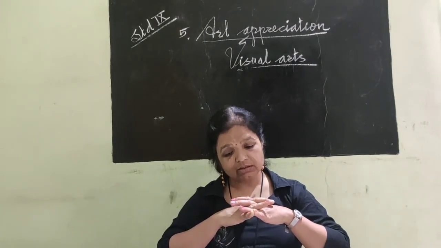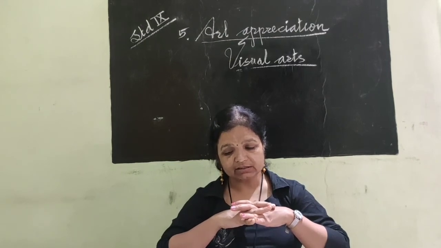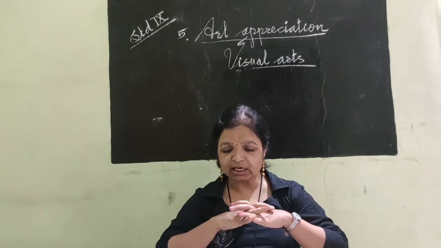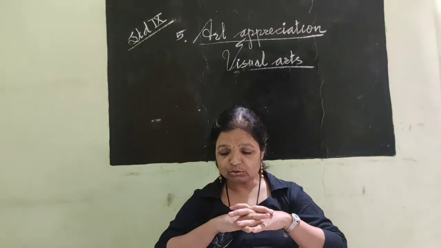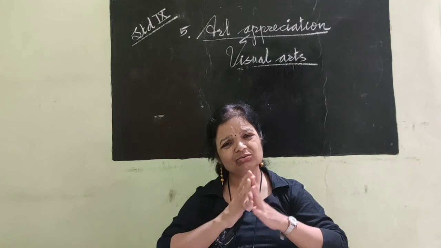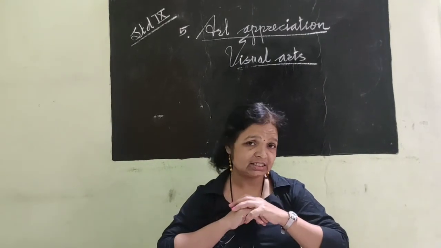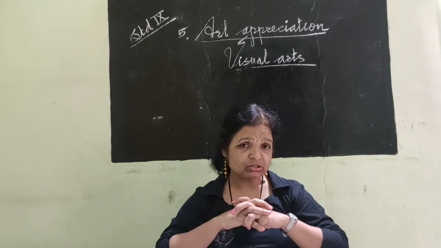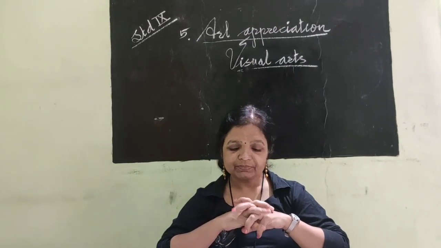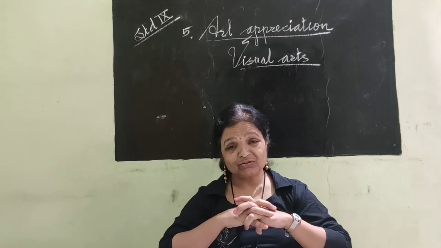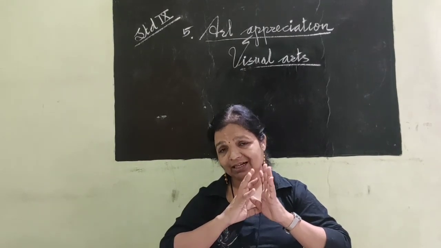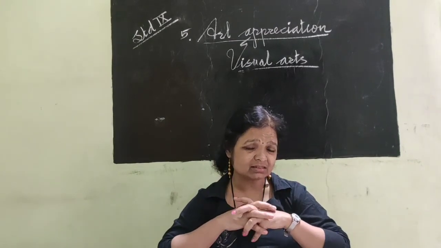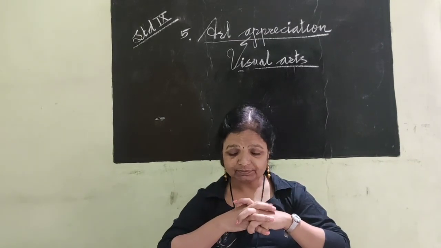Choose any one of the above mentioned artists, any one only, and try to see as many of their artworks as possible. Try to note how they use the 5 elements of visual art. So you have to study one of the artists, whether Western or Indian, no problem. It depends on your choice. Try to find out more and more information about that artist and write it down in your notebook. Collect all the art pieces of his only.